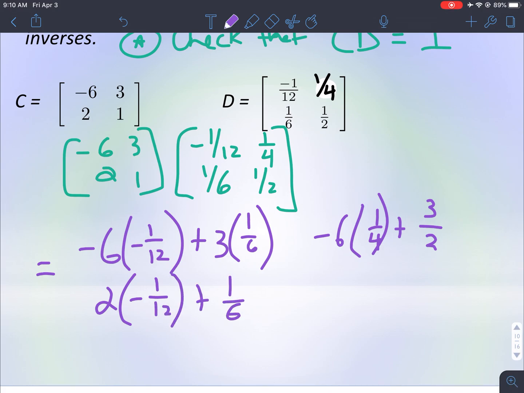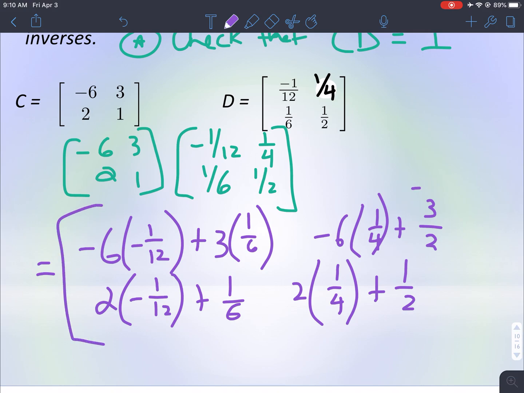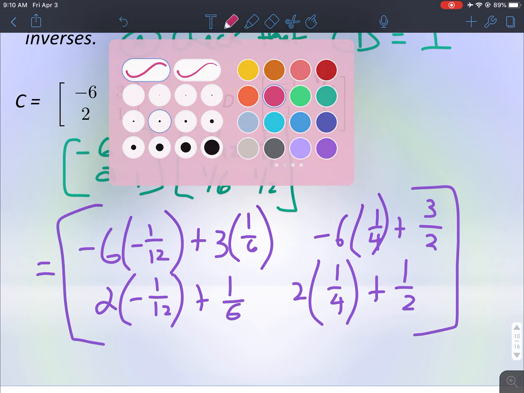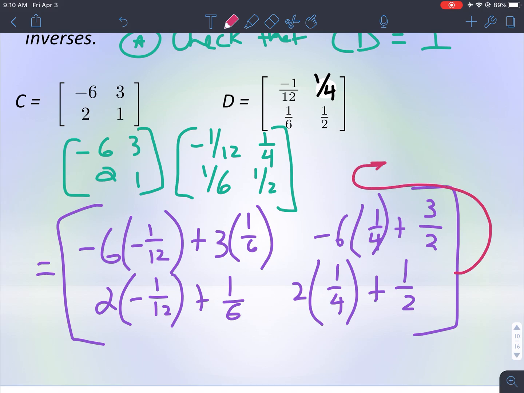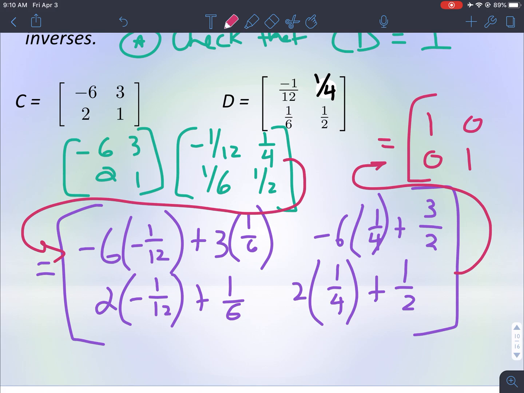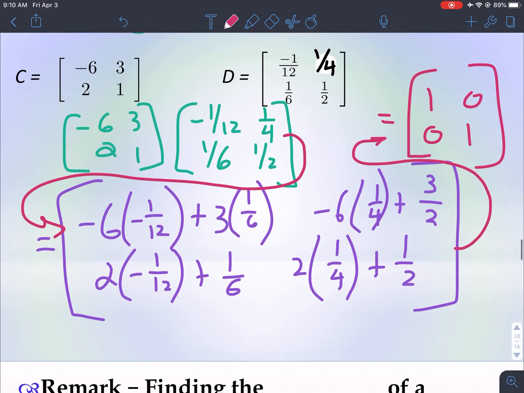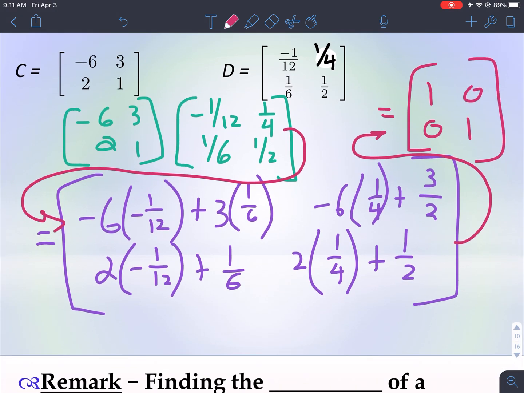And then the bottom right, 2 times 1/4 plus 1/2. That's my new matrix. So let's put it all together. It should equal 1, 0, 0, 1. Because I got the identity matrix, we can say that C and D are inverses.